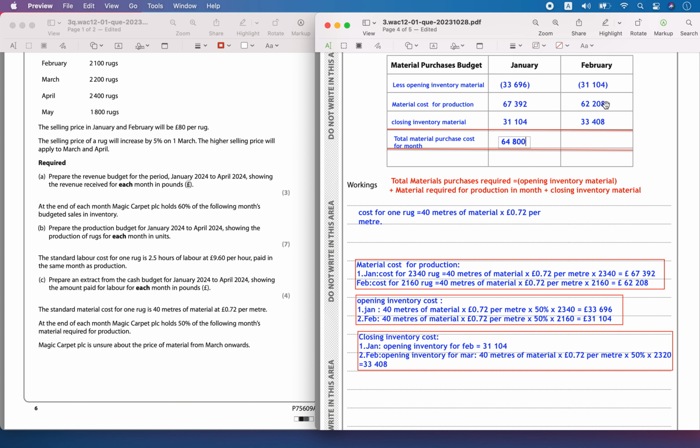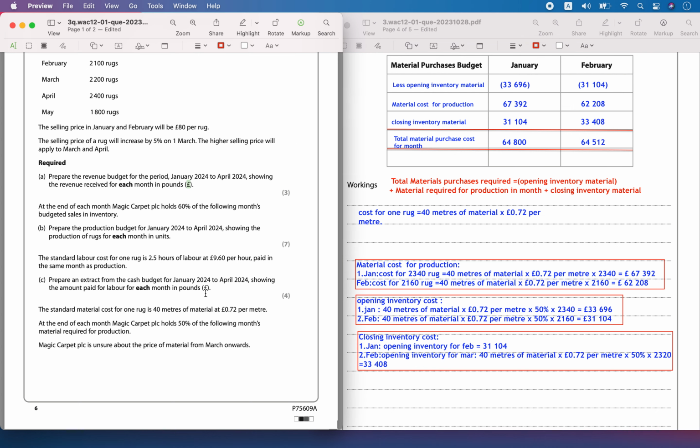Now minus 31104 plus 62208 plus 33408 is going to be equal to 64512. So this is the material purchases budget in pounds. Let's write this in pounds.